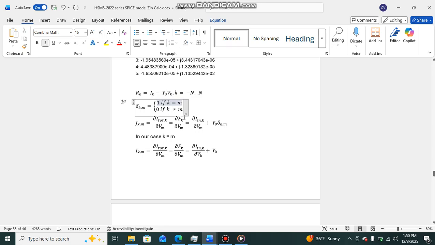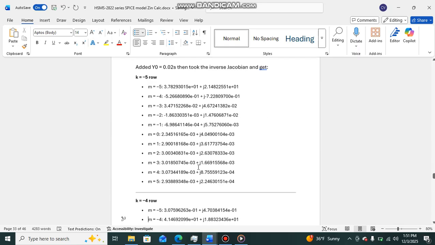So we just add the characteristic admittance, which is 1 over the characteristic impedance, 1 over 50, which is 0.02 Siemens, and we add that to our Jacobian here, and we get all these values.